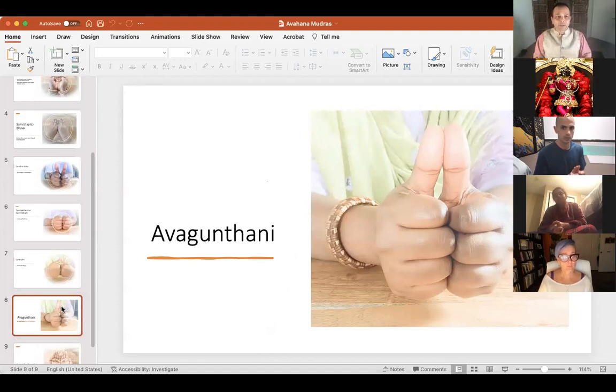If you learn this set of mudras, this is a proper invitation to the Lord. Avaguntita means just like you cover yourself. So this murti, this deity of the Lord, becomes the Lord himself. He has covered himself with this murti, but this is the Lord himself.